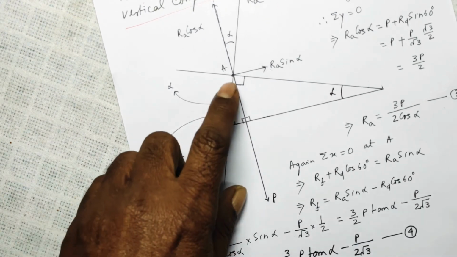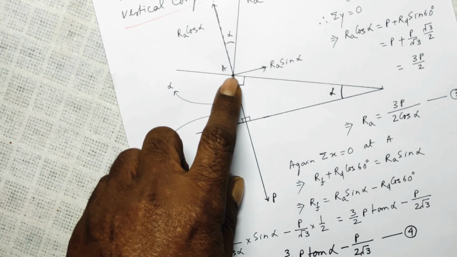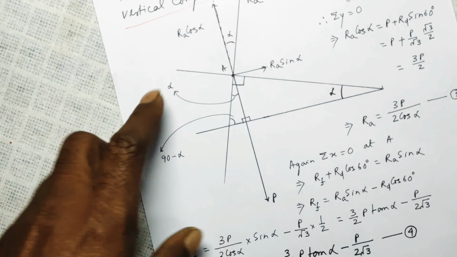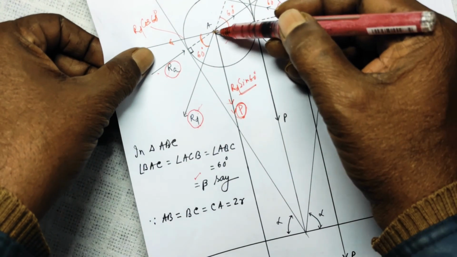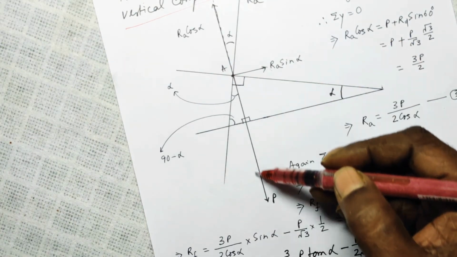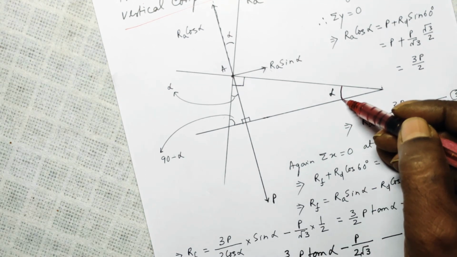Now look at this point. This point is point A. From point A, P is vertically downward, and this angle is alpha.